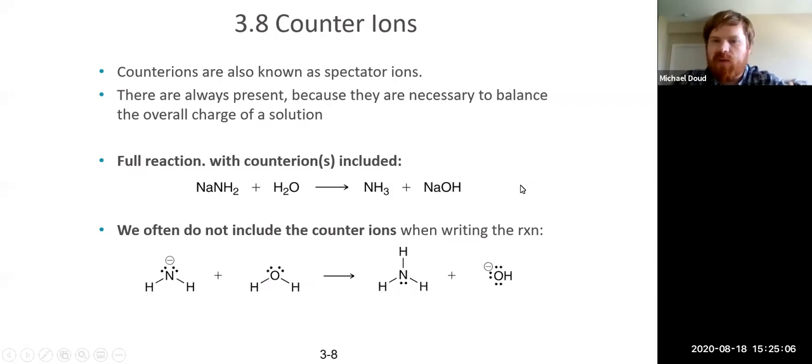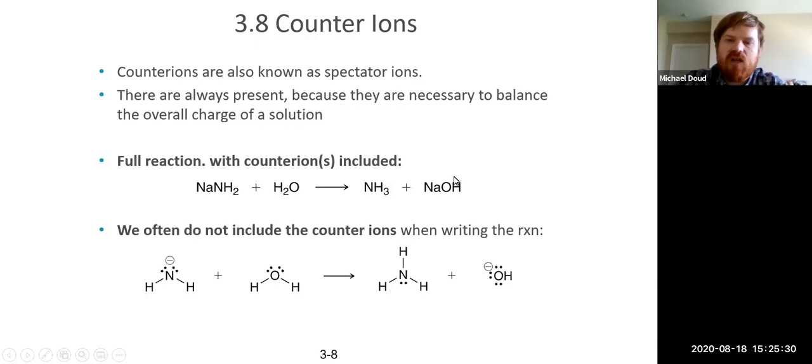Okay, last little bit here. One thing we're going to see a lot in organic chemistry is counterions. This is something we worried a lot about in general chemistry, which is why we bring it up now. Just don't worry about counterions. Here we have NaNH2, a sodium counterion with NH2 minus as the anion, reacting with water to form ammonia and sodium hydroxide.